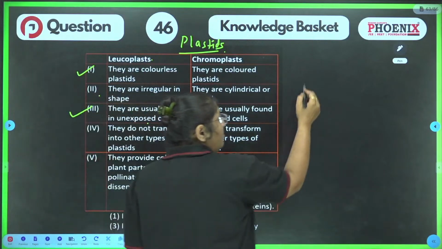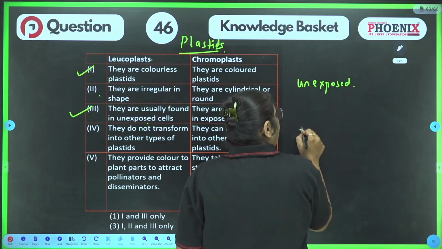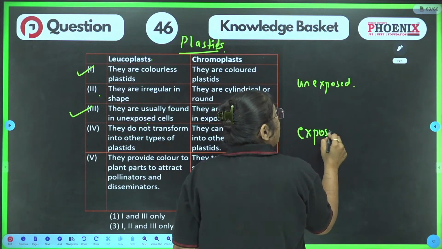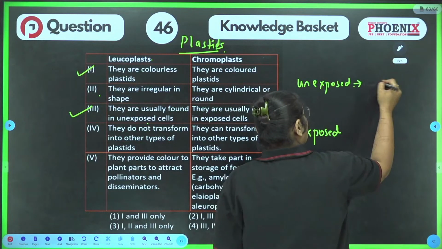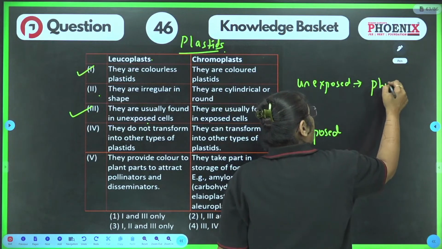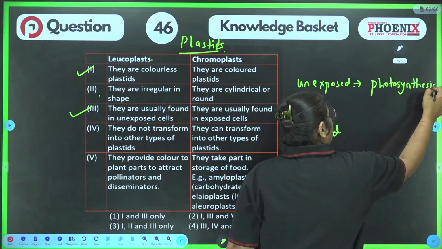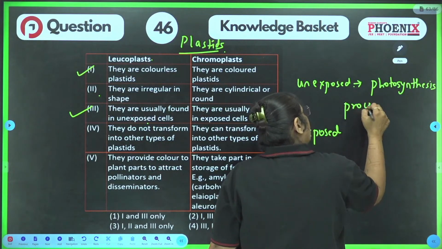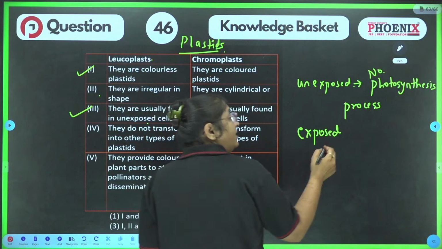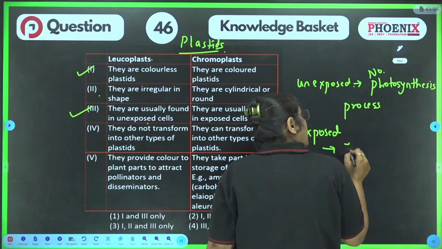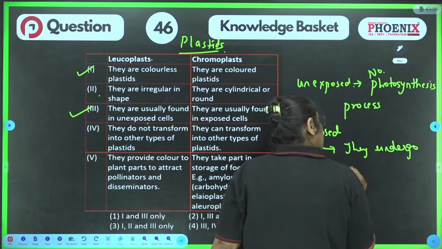Now what do we mean by unexposed cell and exposed cell? Unexposed cells do not undergo the photosynthesis process. No photosynthesis occurs, and exposed cells undergo the photosynthesis process.